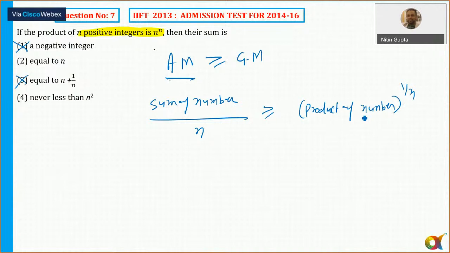So product of number raised to power 1 by n here. And the product is given as n raised to power n. So I can say this expression it is greater than equal to cross multiply karo n into n raised to power, it is always greater than n into. So for that reason the answer is definitely option number 4.